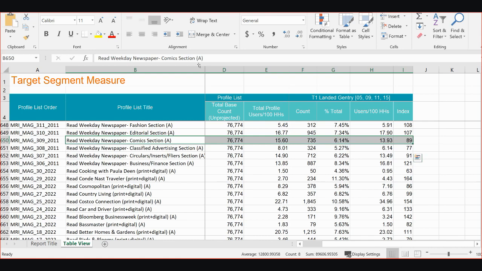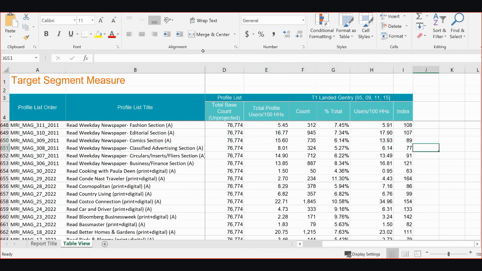Because that's 11 points less than 100, so we say 11% less likely than the average American to read the comics section. If the landed gentry is your target segment, you probably don't want to put an advertisement in a weekday newspaper comic section because they may not see it.